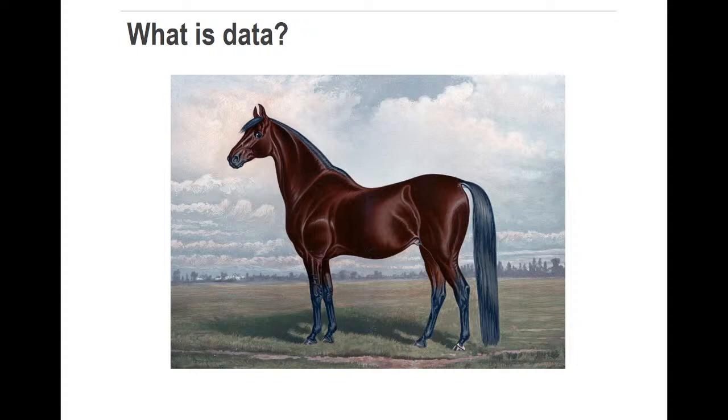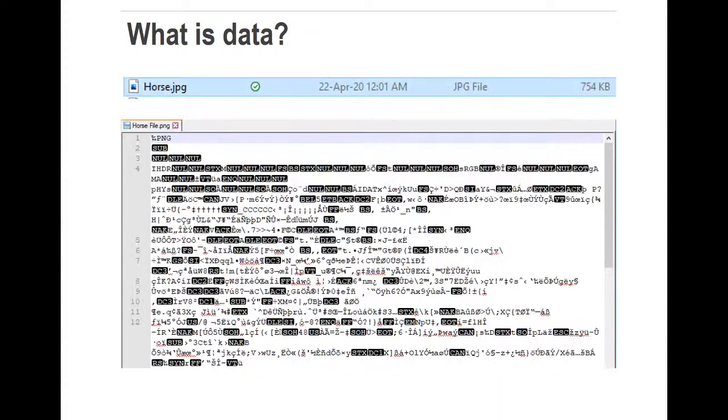But what kind of manipulation can we do with an image? If you try to open the horse file, these are actually binaries. How will you manipulate this horse? How will you say that this will be a different horse? Manipulation will be different if this is our representation.